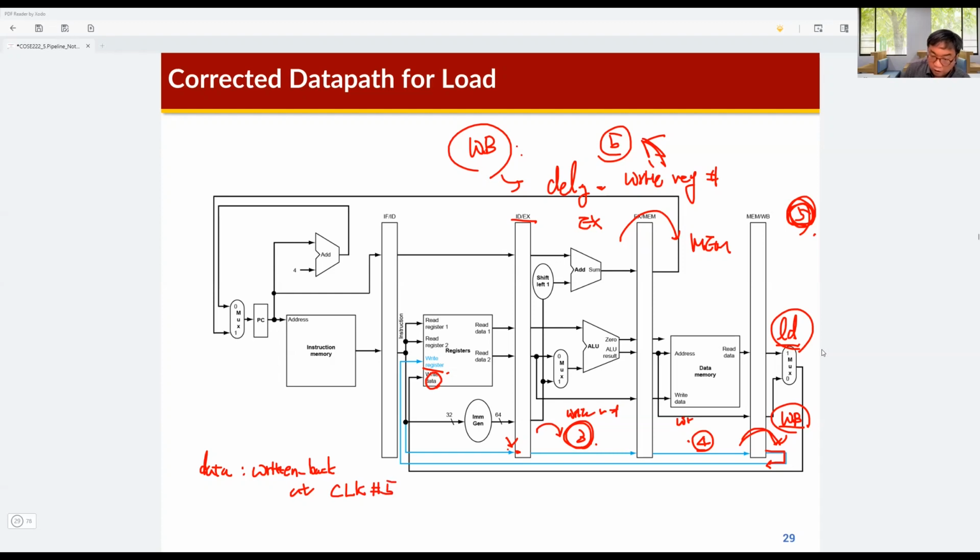Also, by propagating the write register number to the next stages, we can also match this written back register number at clock cycle number 5. Do you understand what I said? It's very important for pipelined processor design.